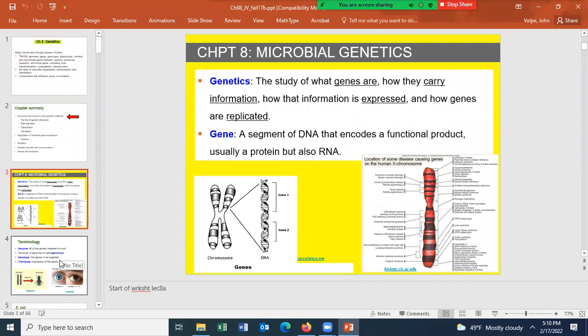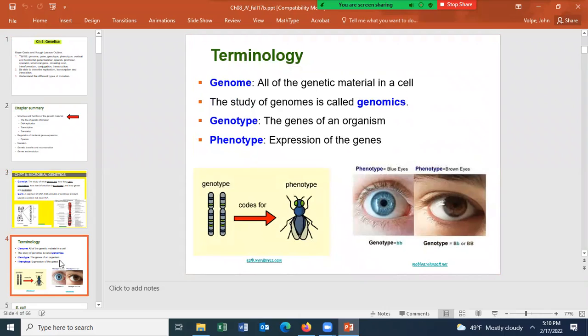Yes. Okay, thank you. A genome is all the genetic material in a cell. And because we're studying microorganisms, the genome is also all the material within the organism. The study of genomes is called genomics. The genotype is the genes of an organism, so the genes for a particular phenotype. The phenotype is the expression of those genes. Let me give an example.